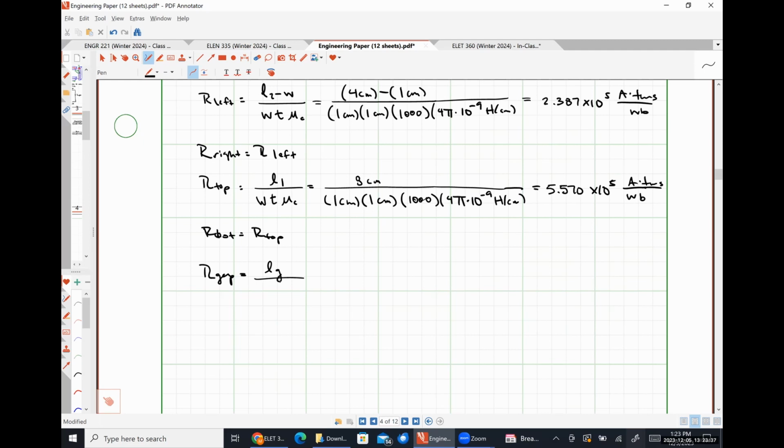The width plus LG times the thickness plus LG, because whenever we're in the region of the air gap, we increase the core dimensions by the gap length to account for the fact that the flux is allowed to spread out in that region. So this is going to be W plus LG times T plus LG. And then we have our permeability. What's the permeability of the gap? Mu naught.